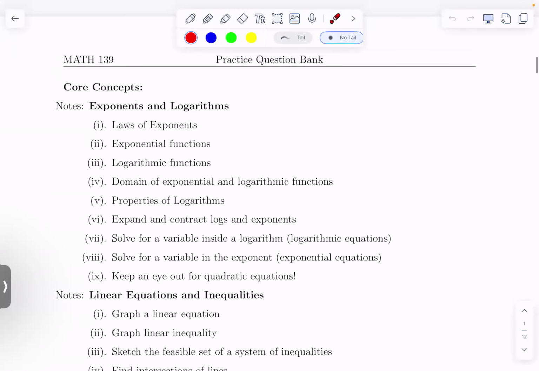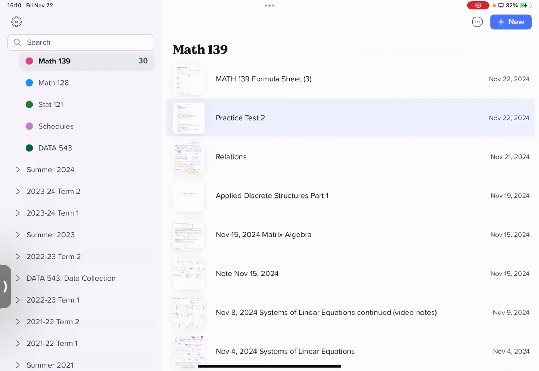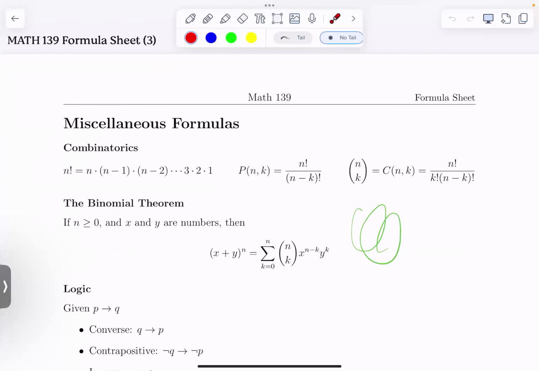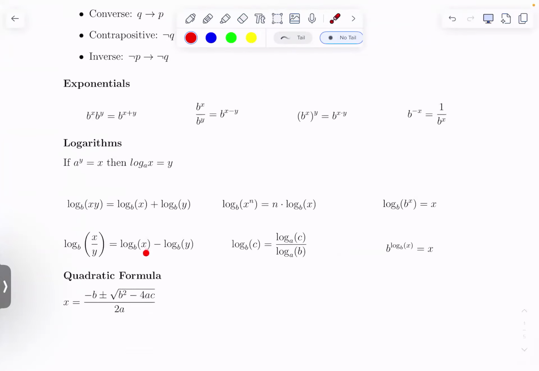But let's see here. You'll have the formula sheet. That's what I wanted to find, the formula sheet. But it's the same as test one. So the only new stuff is the exponents and logs and potentially the quadratic formula, which came in handy for some of those exponent and log questions that we solved, right?